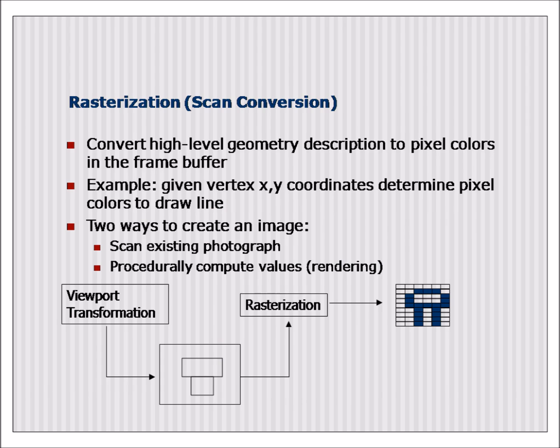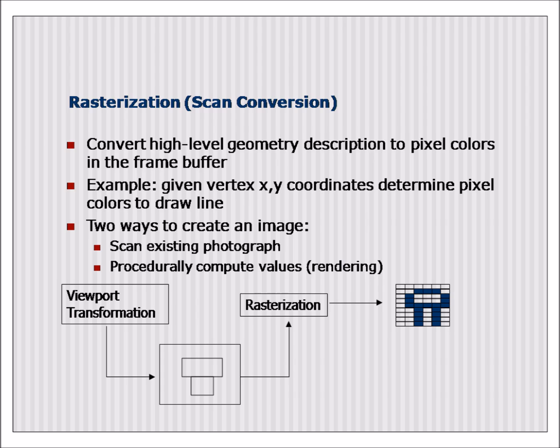Dear students, once again I am explaining the concept of rasterization or scan conversion. But this time you should absorb the concept of rasterization from an application point of view. It is used to convert high-level geometry description to pixel colors in the frame buffer. For example, if we are given vertex x, y coordinates, then we need to determine pixel colors to draw the line.